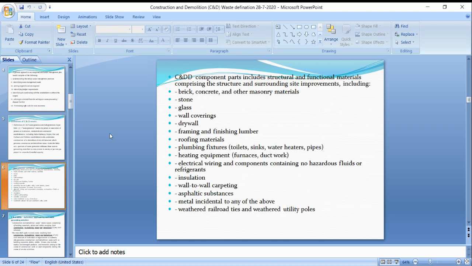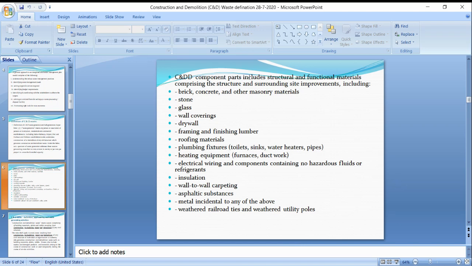Incidentals to any of the above, whether railroad ties and any utility poles. All these are required in civil construction projects.